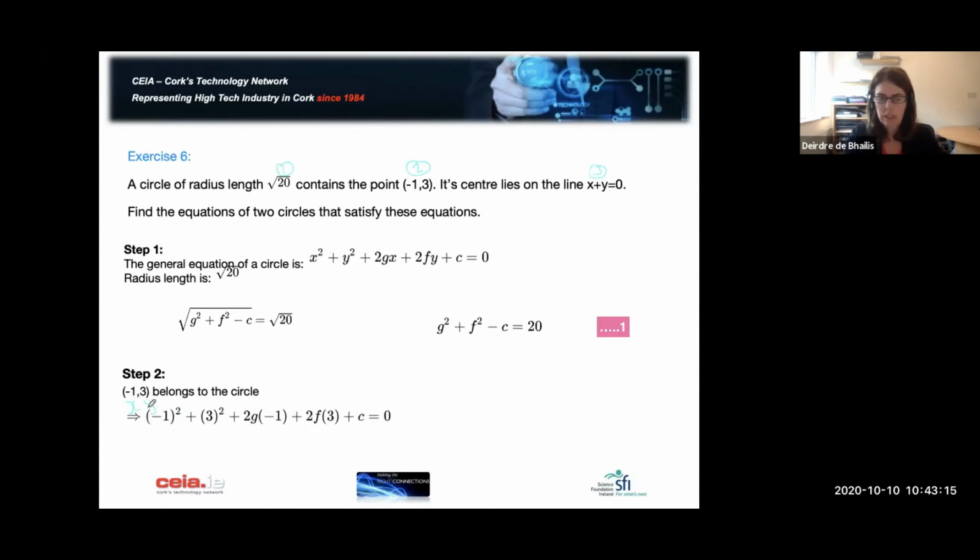And when I do that, I get another equation in terms of g, f, and c. And that works down to minus 2g plus 6f plus c is equal to minus 10. So that's our second equation in terms of g, f, and c.